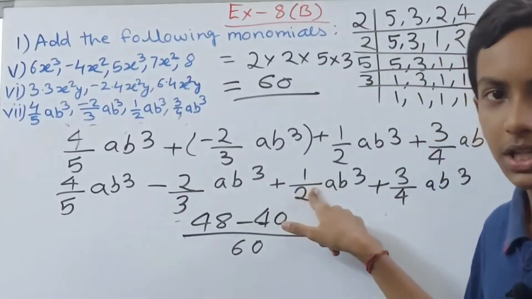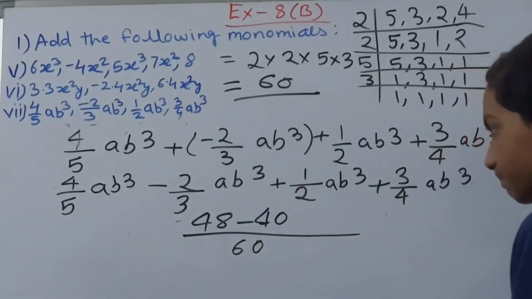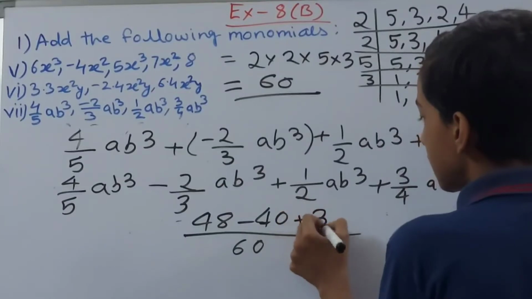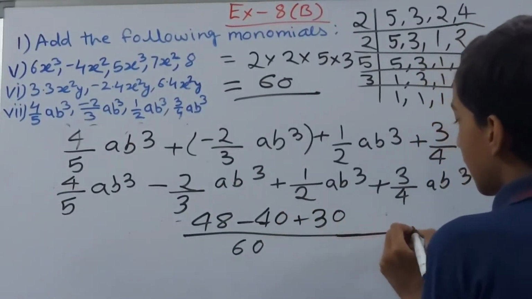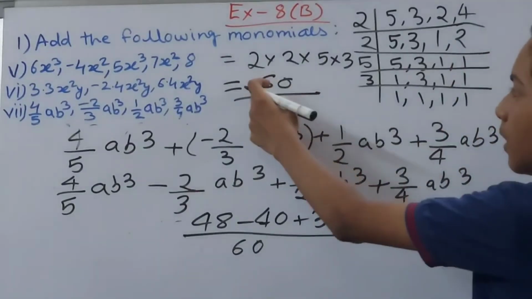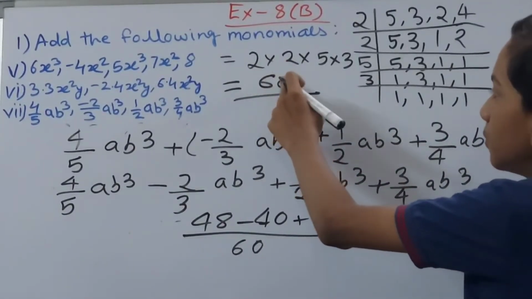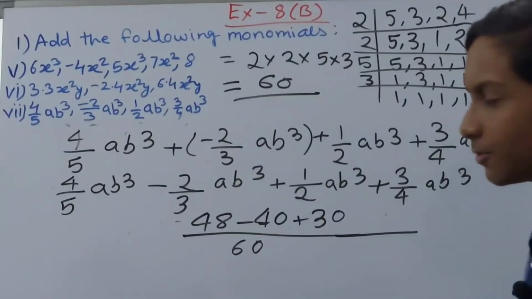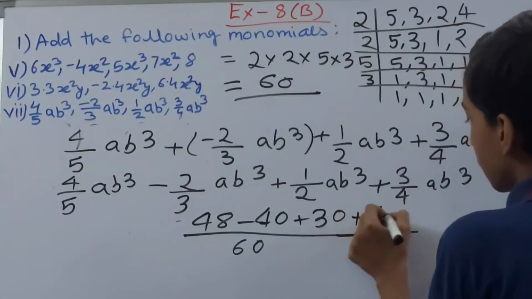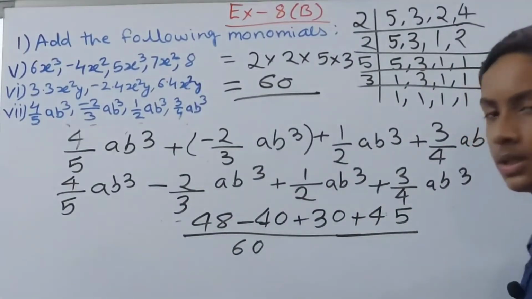It goes 30 times by 2. So 1 into 30 will be plus 30. And then in the last you see 4. So how many times is it divisible by 4? 15 times. So 15 threes is 45. So plus 45.